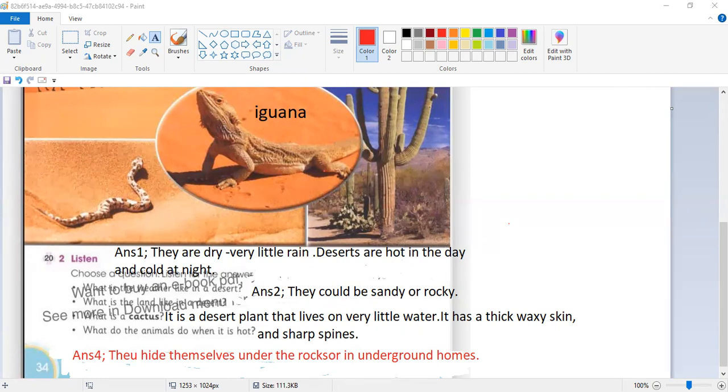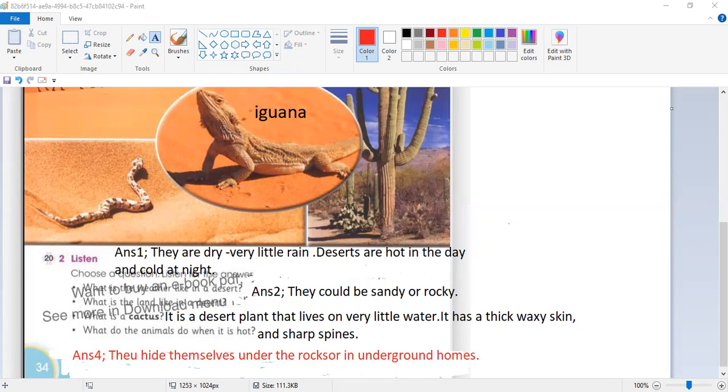cactus. Okay, listen. Cactus plants have thick, waxy skin with sharp spines. Cactus plants can live with very little water. Many deserts are hot during the day, but cold at night. For example, the temperature in the day can be over 40 degrees Celsius. That's very hot. At night, the temperature can be close to 5 degrees.